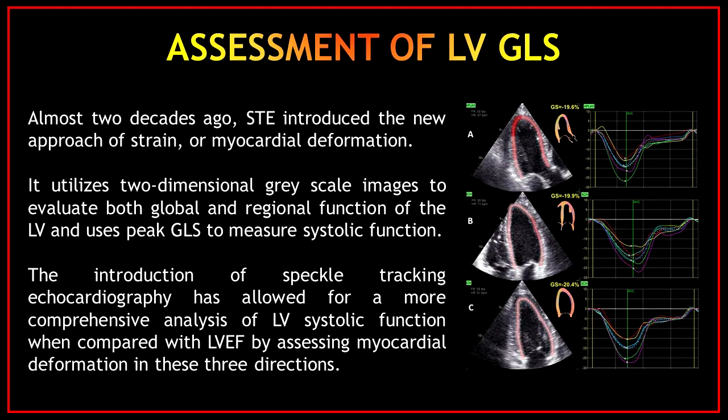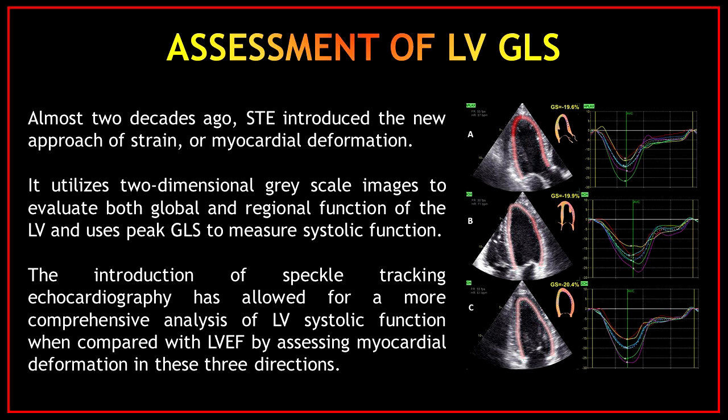How can we assess the left ventricle with global longitudinal strain? Almost 2 decades ago, speckle tracking echocardiography introduced the new approach of strain, or myocardial deformation. It utilizes two-dimensional grayscale images to evaluate both global and regional function of the left ventricle and uses peak global longitudinal strain to measure systolic function.